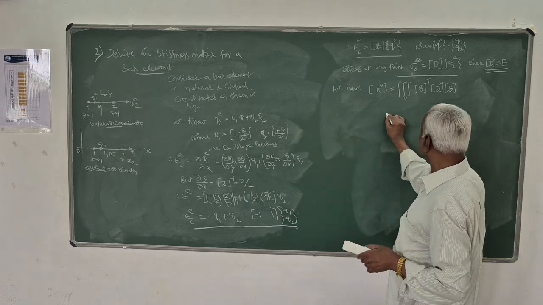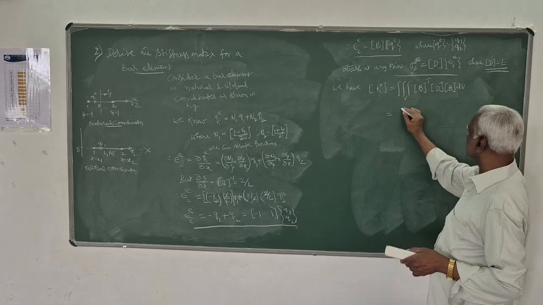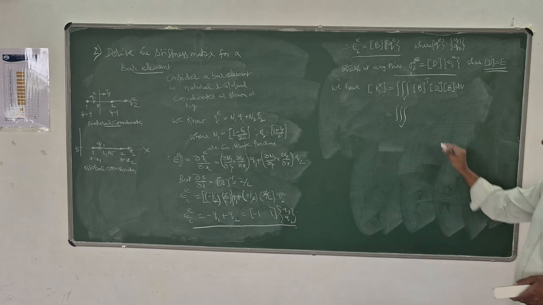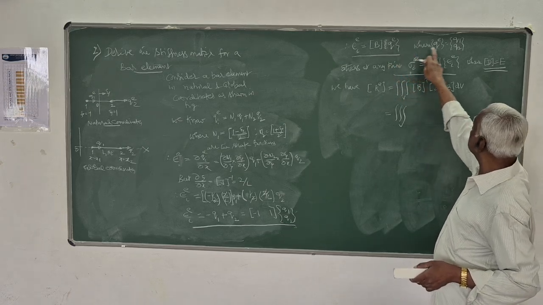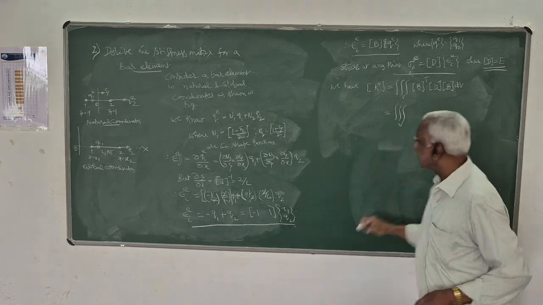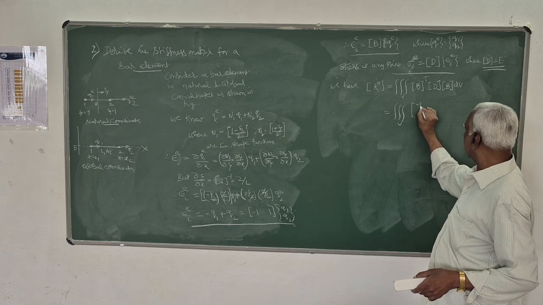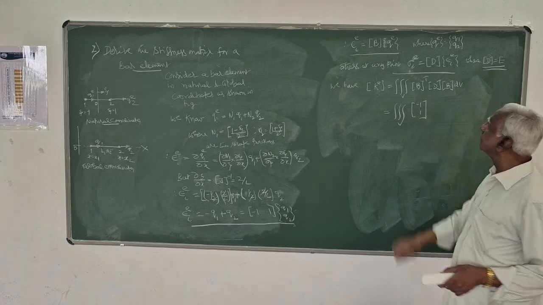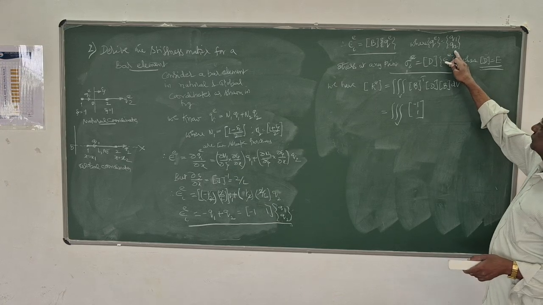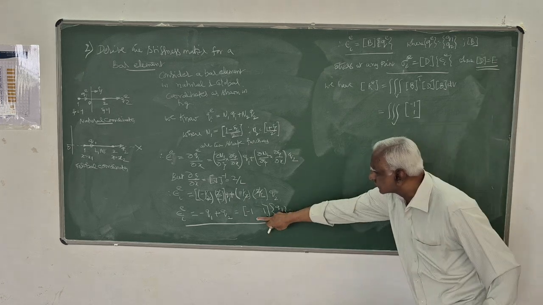So KE is the volume integral, where B is minus 1, 1 times Q1, Q2, and B is this.